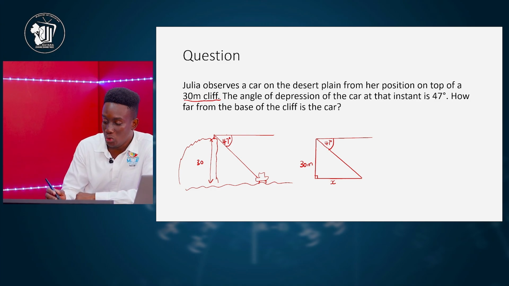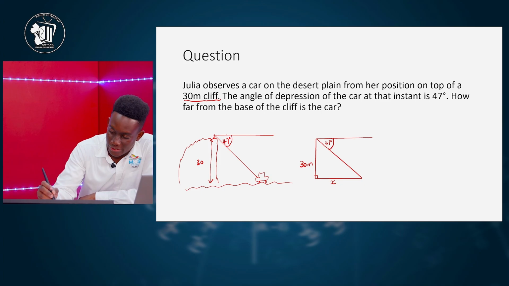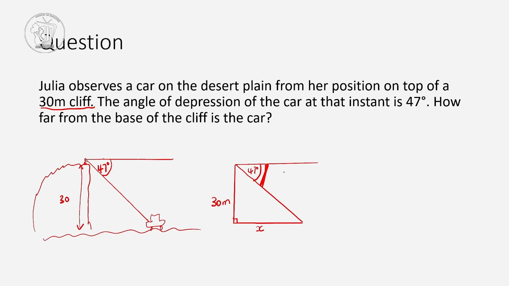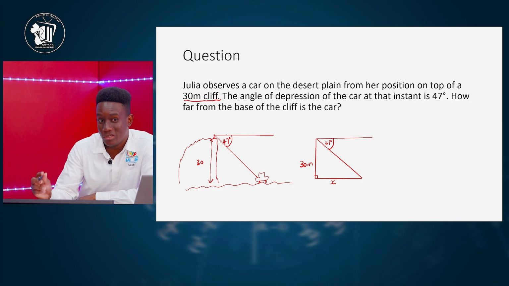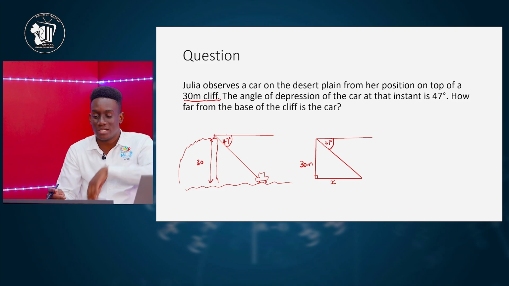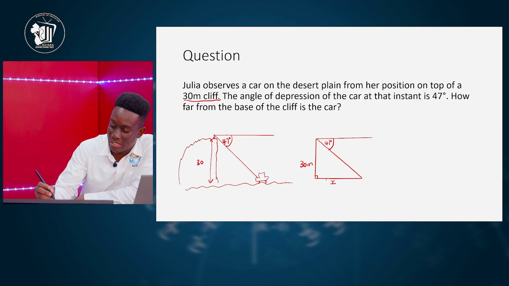But what we do know is this angle formed here. We can see that this is the horizontal line of sight, which is parallel to the ground, because if you look straight in front of you, that is parallel to the ground. So we see these two lines are parallel.